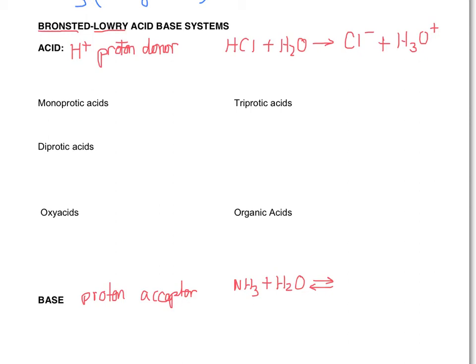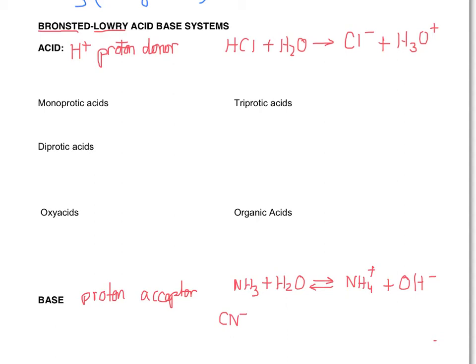So the water will give away its proton to the ammonia, so it would become NH4 plus. It accepted an H plus, and then the water would become OH minus because it gave away its proton. Another example is cyanide ion.